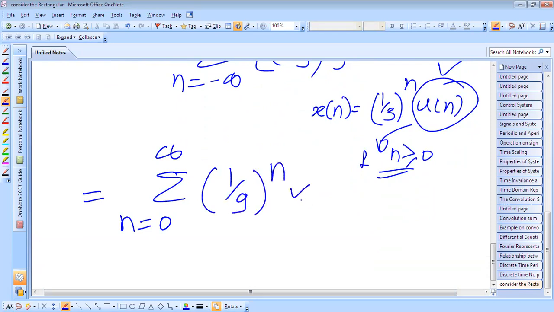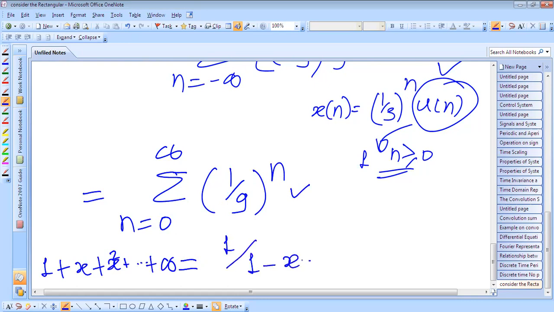So this is actually a series. This is a summation of the series by putting n equal to 0, n equal to 1, n equal to 2, up to infinity. The series is like this: 1 plus x plus x square plus so on up to infinity, and therefore instead of this we can write 1 upon 1 minus x.